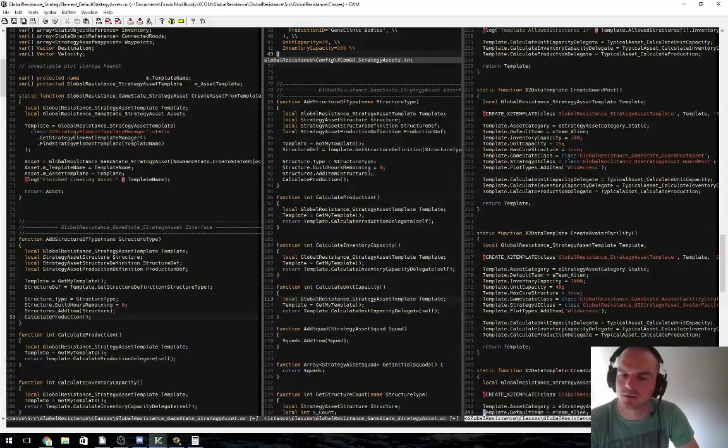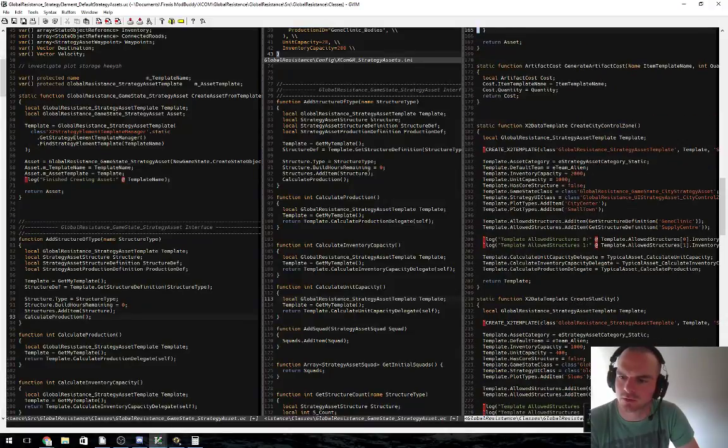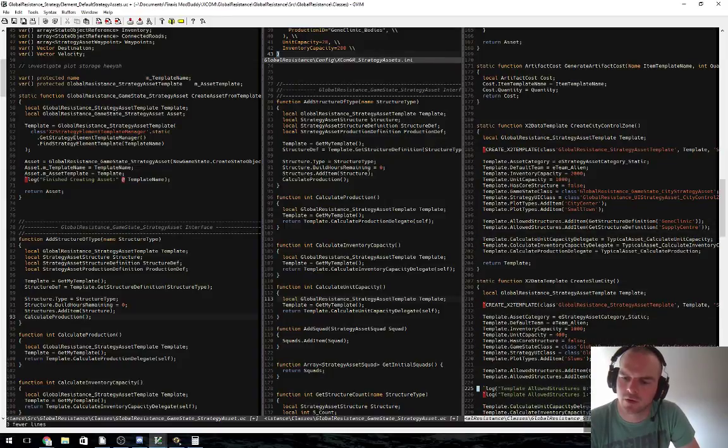Probably the easiest way to check whether this works is to just drop some logs when it does its work.